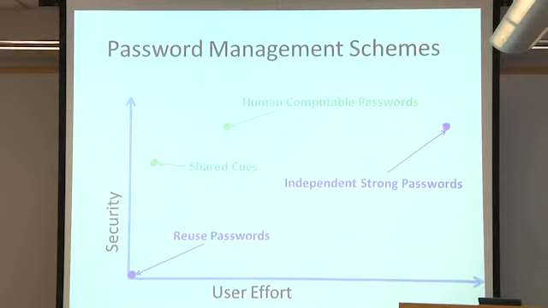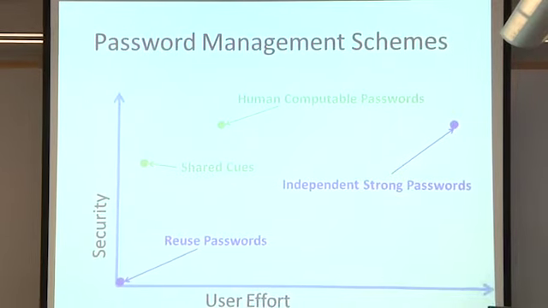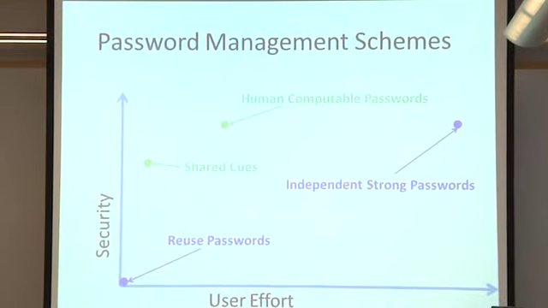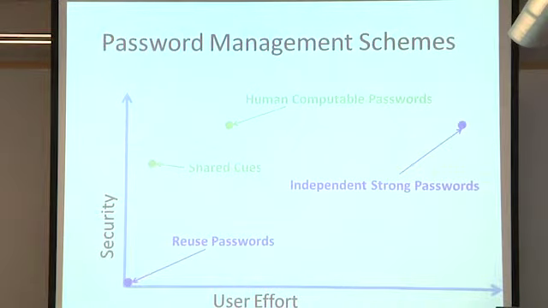Another approach might be to just suck it up, try to memorize completely random strings for every account that you have, and pick independent strong passwords. This approach is highly secure, but in some of my other work, we've argued that this strategy is just impractical. No user could actually follow this strategy.